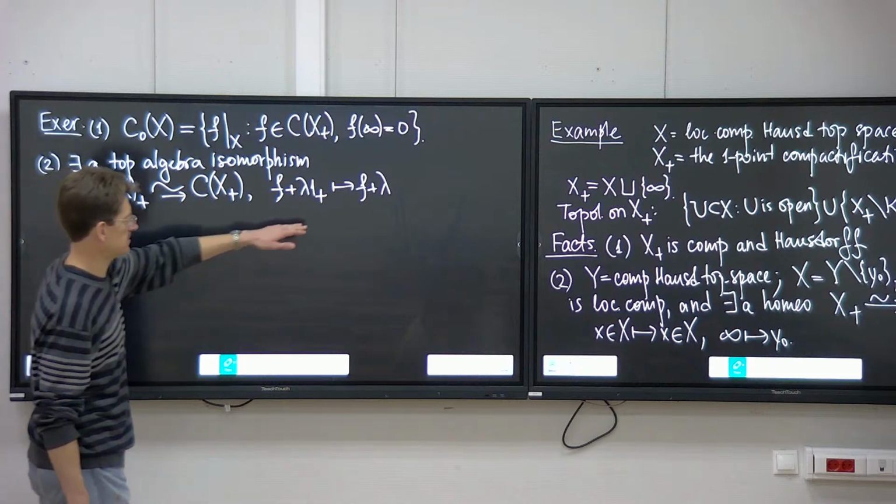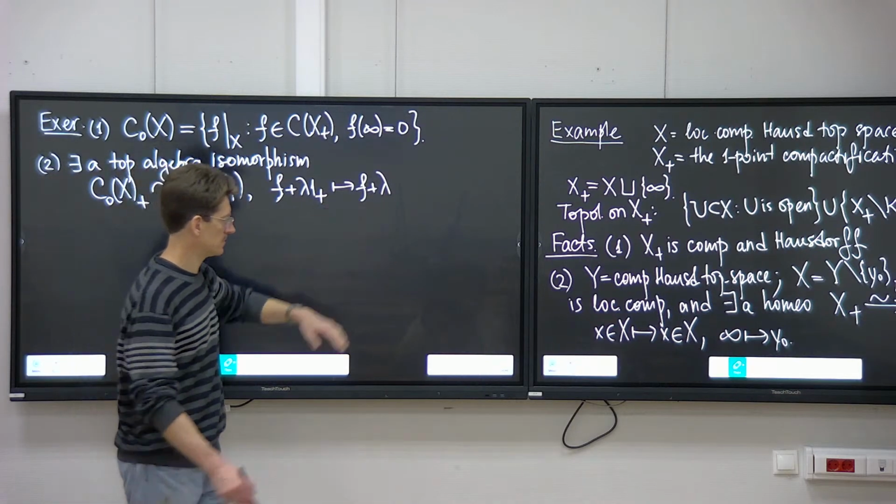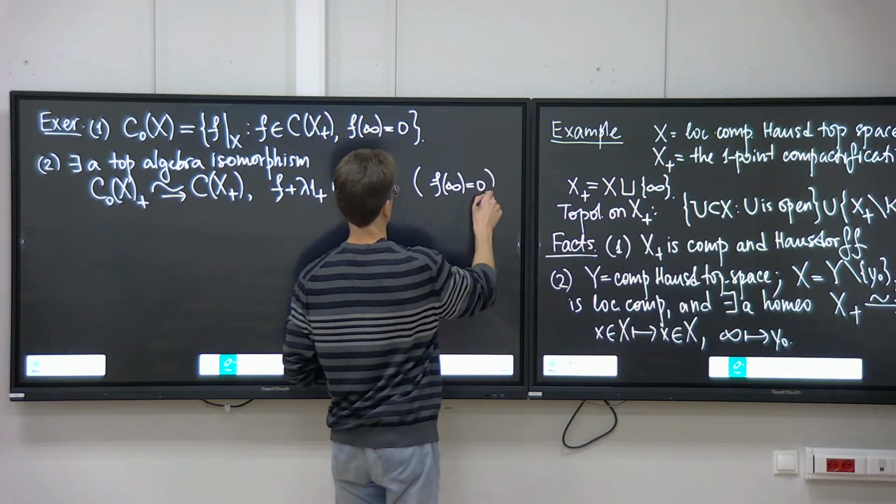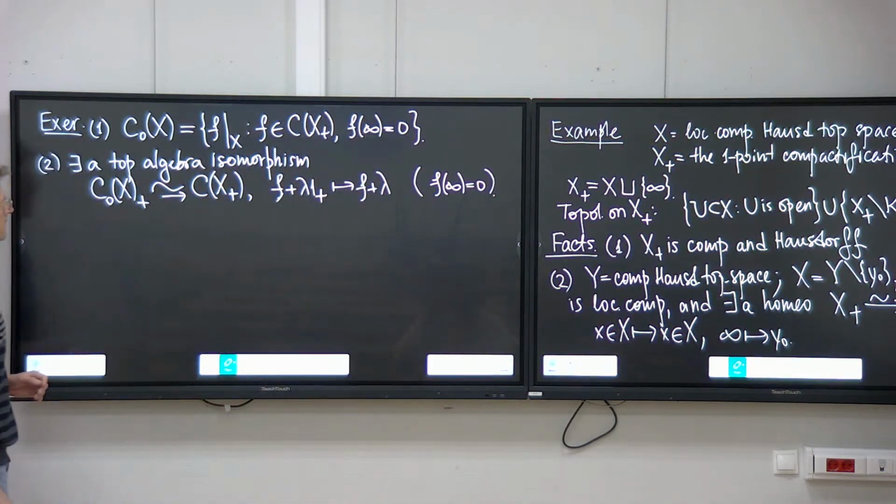Of course, here we assume that f is extended by 0 to infinity.